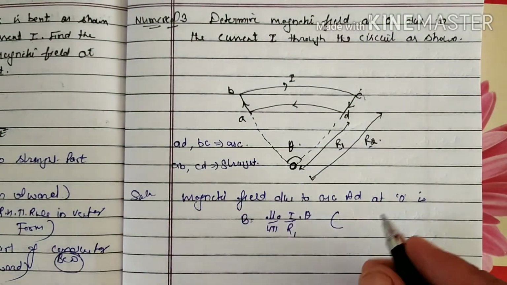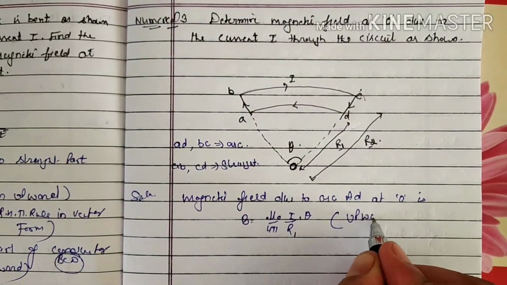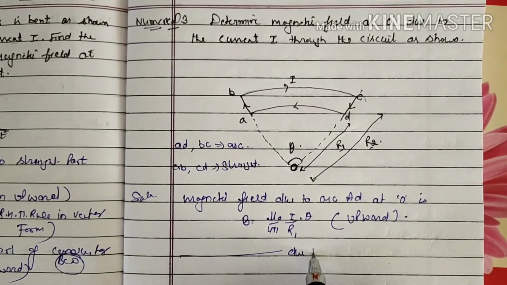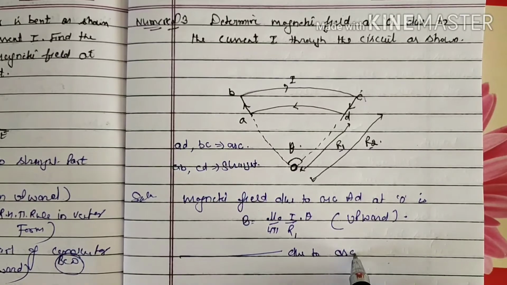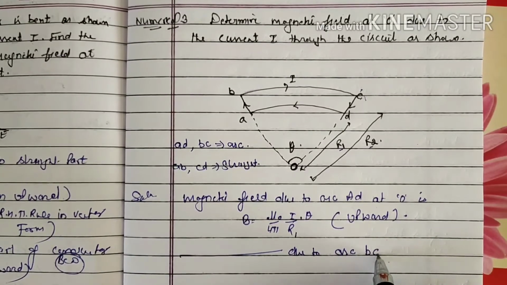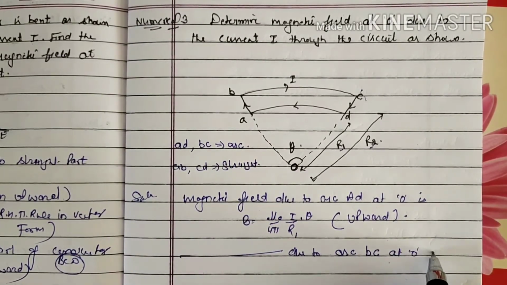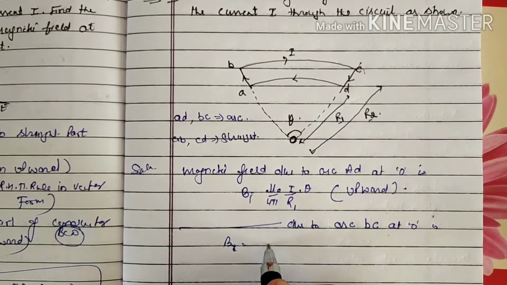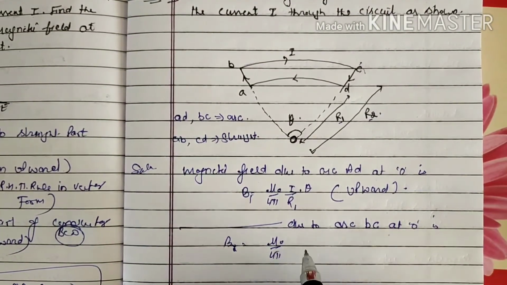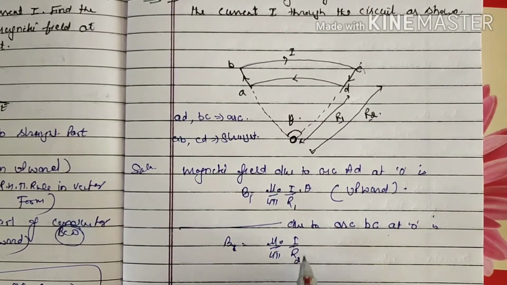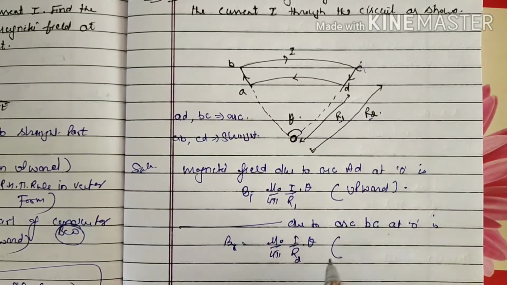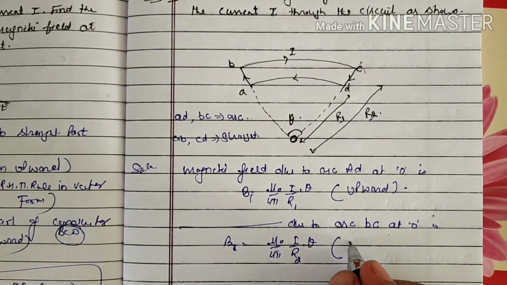And the magnetic field due to arc BC at O is B2, that is equal to mu naught upon 4 pi, I upon R2 into theta. The radius is R2, and that is inward.